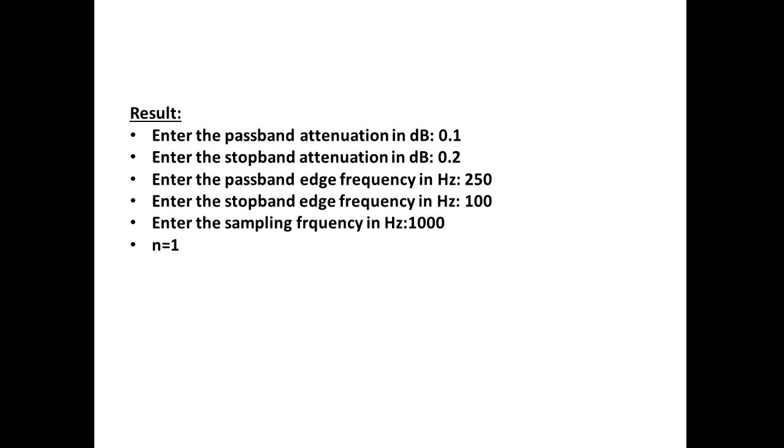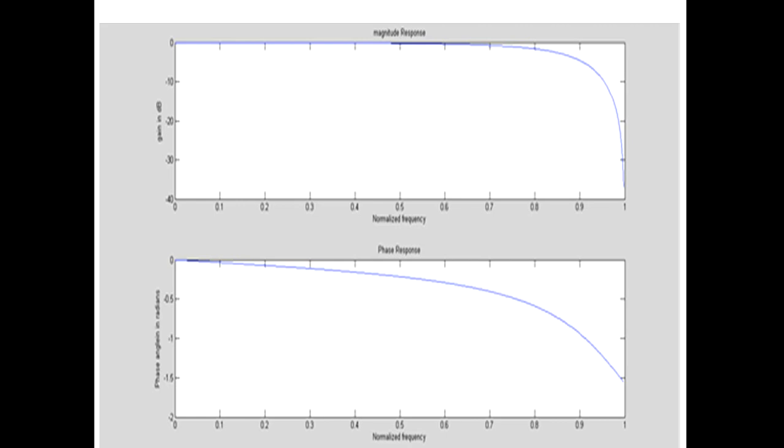By entering these values, you are getting the order of filter n as 1 and omega n as 0.836, that is the cutoff frequency, and you will get the b coefficients, that is b0 as 0.8216 and b1 as 0.8216. Similarly, the a coefficients a1 as 1 and a2 as 0.6433. Then you will get the magnitude and the phase response. This is for the Butterworth low pass filter.